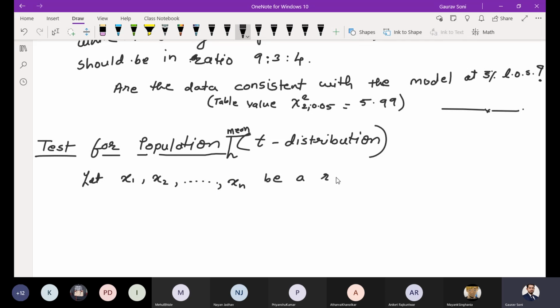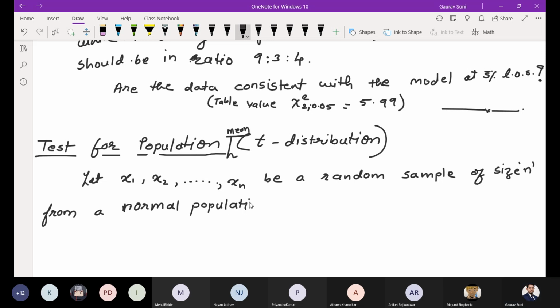So in this case, let x1, x2, dot dot dot, xn be a random sample of size n from a normal population with mean mu and variance sigma square.